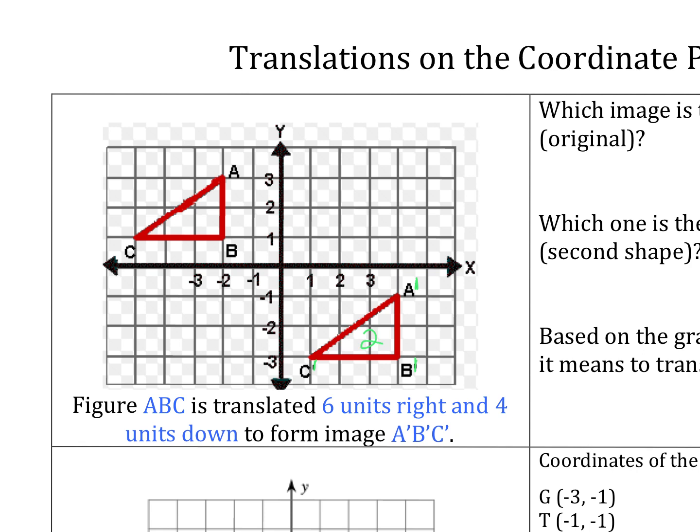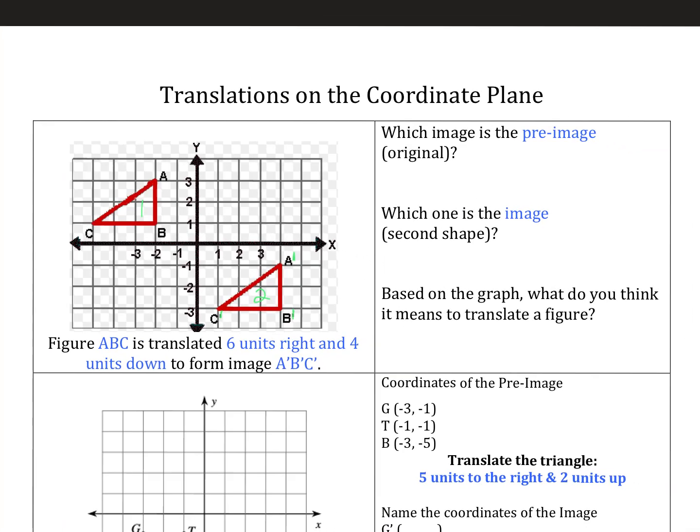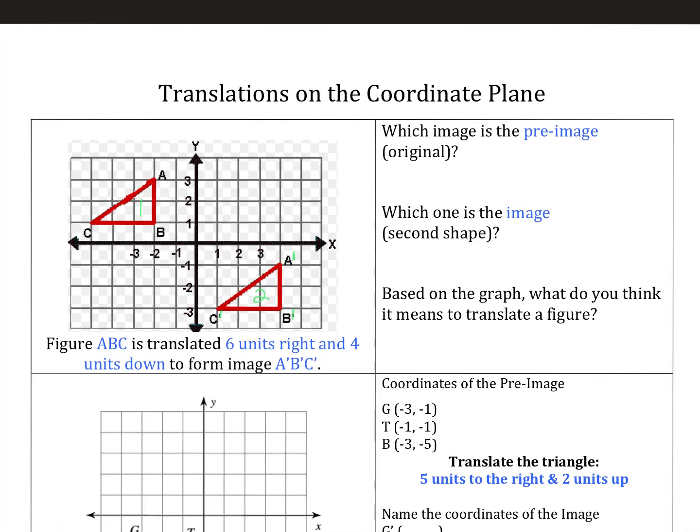So this is technically triangle number 2, which makes this one number 1, the original triangle. What we call that is the pre-image. So which image is the pre-image? It's just the regular ABC. That was the original shape. And the second shape is the one that has these little marks, A prime, B prime, and C prime.